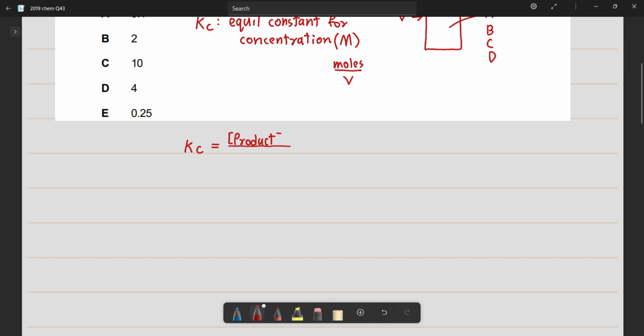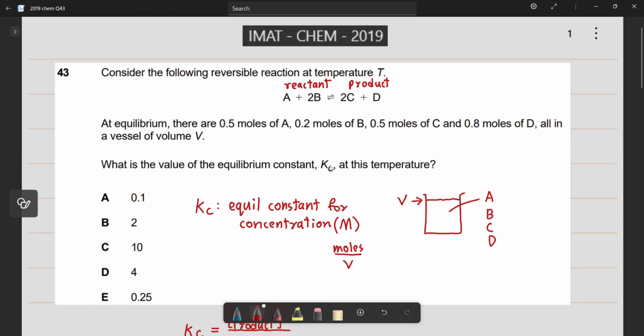So this is the one thing we must specify, the concentration, because we're using Kc, the equilibrium constant for concentration. And also this one, reactants, which we'll have in the denominator. Okay, so products divided by the reactants. Okay, so that's the formula.